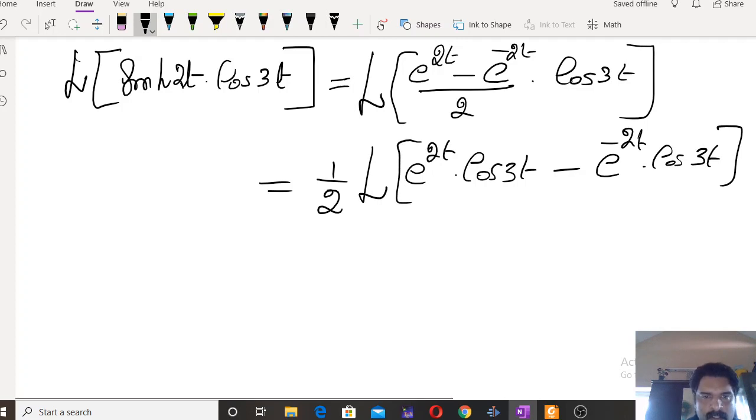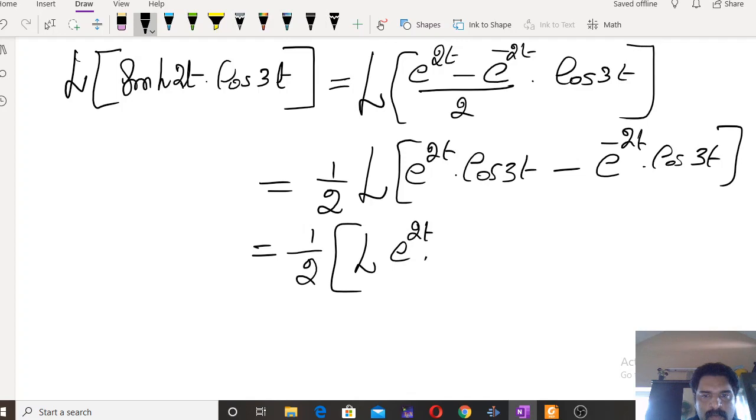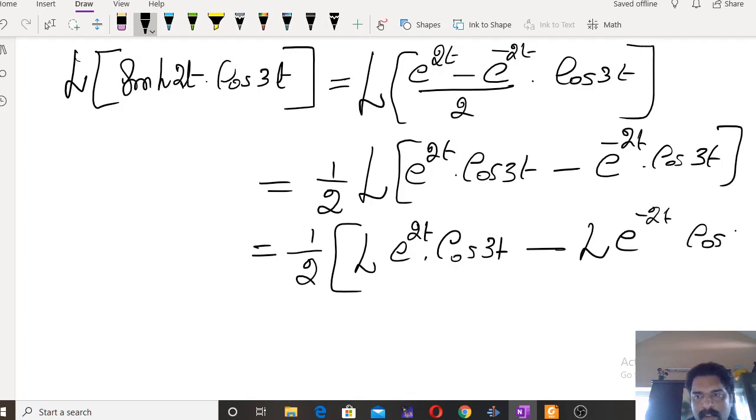Again, since Laplace transforms are linear, we can rewrite it as 1 by 2 into the Laplace transform of e raised to 2t into cos 3t minus the Laplace transform of e raised to minus 2t into cos 3t.